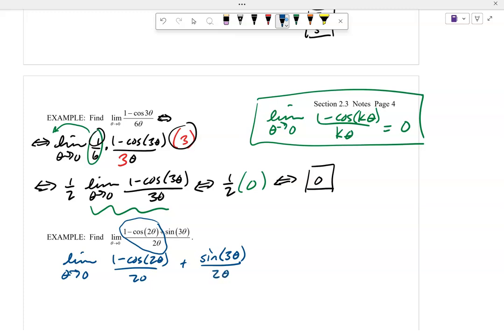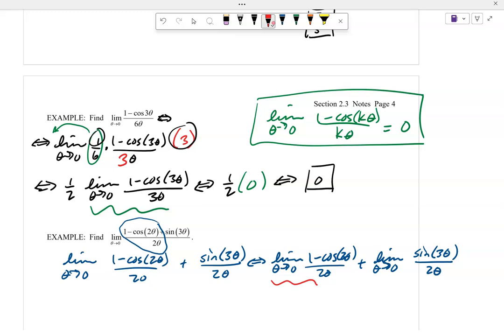There's another special case on that. So I can split these up. Limit theta approaches 0, 1 minus cosine 2 theta over 2 theta plus limit theta approaches 0 of sine of 3 theta over 2 theta.